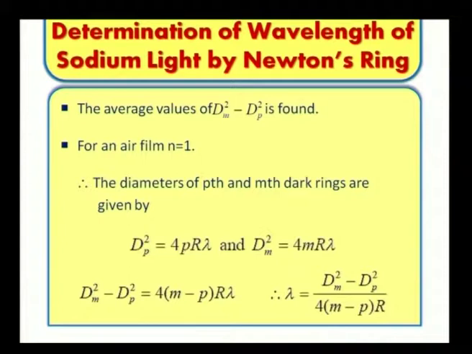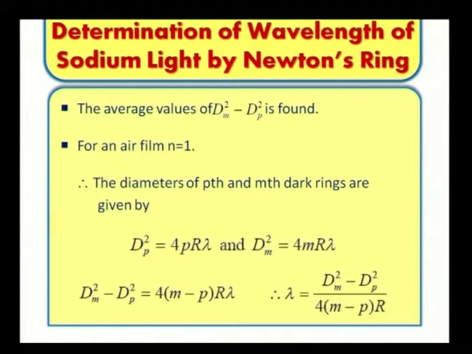Not only that, the refractive index of a liquid can also be determined using the Newton's ring experiment. As I told you, the radius of curvature of the lower surface of the lens is found by Boy's method. Substituting this value of R and the average values of dm square and dp square with m minus p equal to 8 in the above, lambda is calculated.